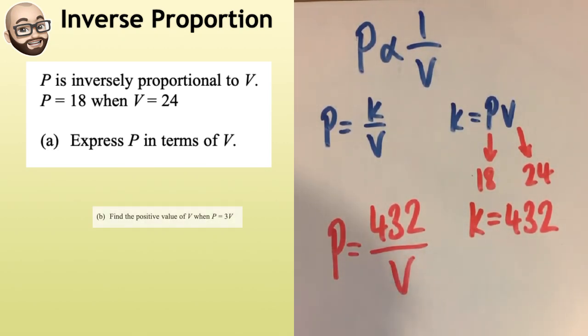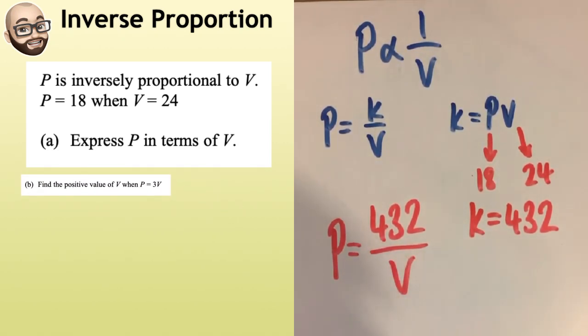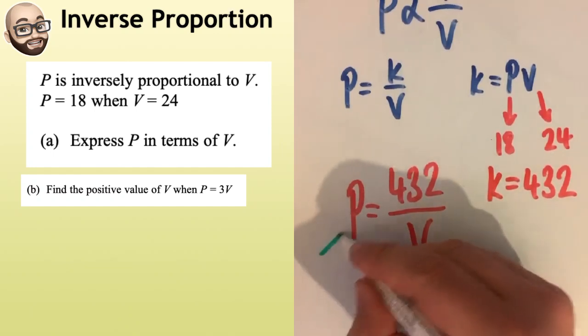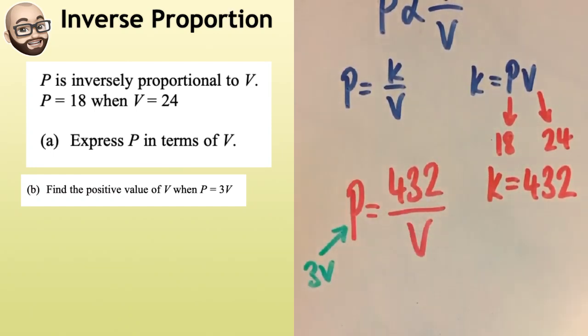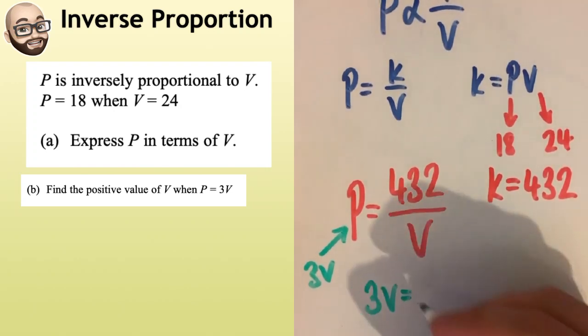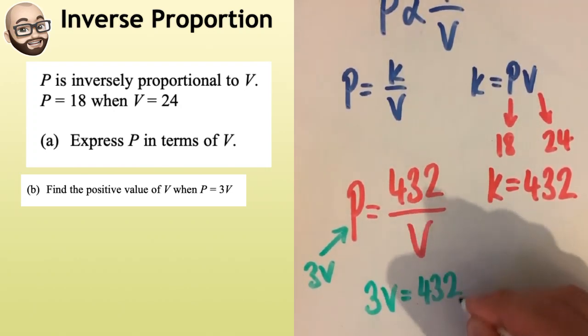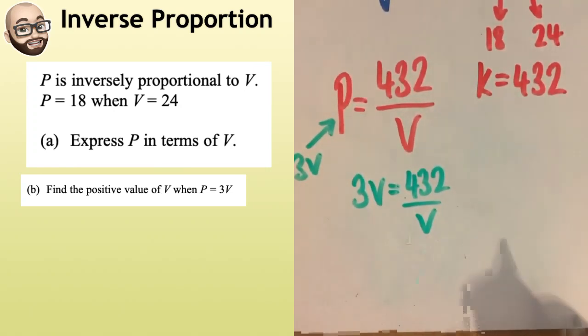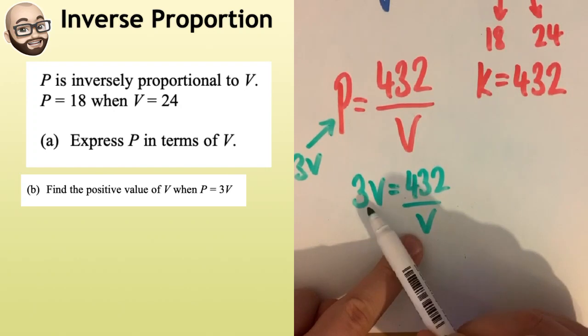Next part of the question says, find the positive value of V when P is 3V. So we need to substitute in P equals 3V. We're going to plug 3V into here. That gives me 3V equals 432 over V. Get the V across as a times.